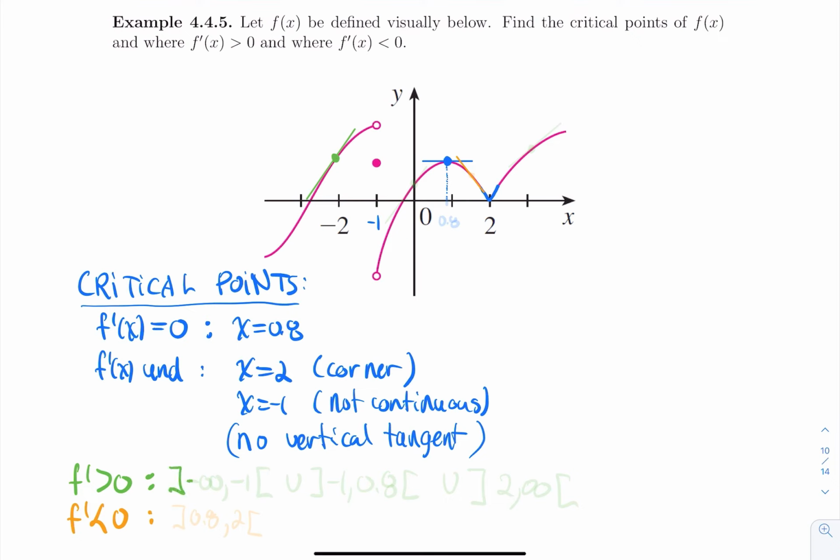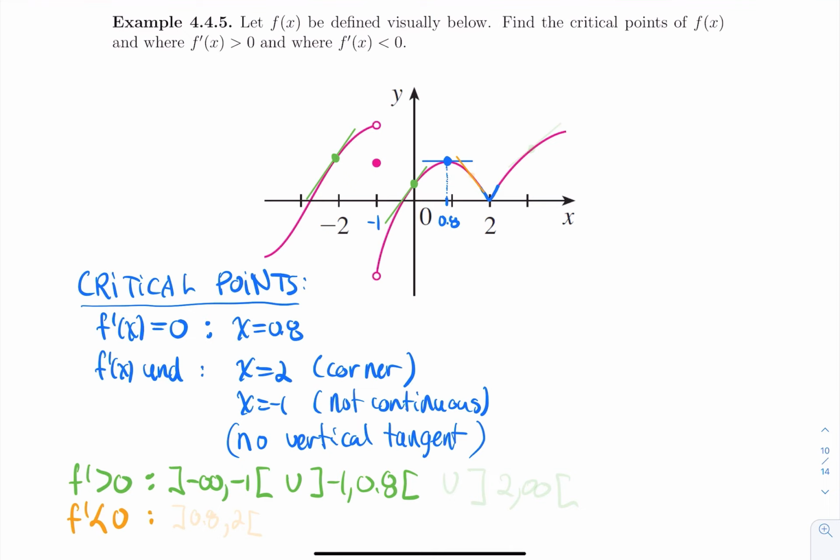Then between critical points, remember I have one at 0.8, pick any point between -1 and 0.8. If you draw the tangent line there, you're going to get a line with positive slope. So between -1 and 0.8, my slopes are all strictly positive.